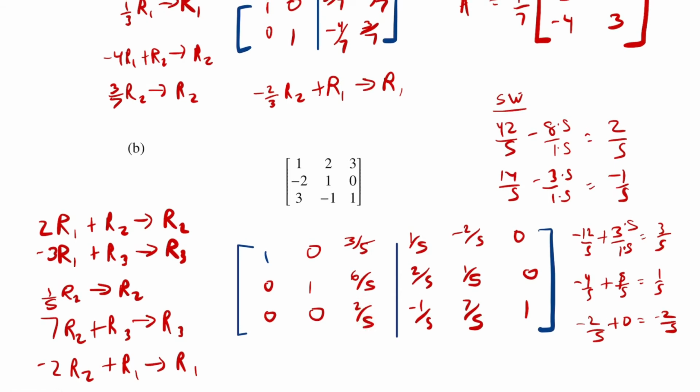We have to multiply by the reciprocal, so it's going to be 5 over 2 times row 3 equals row 3. So that would become 1, 1. This one would become negative 1/2. This one would become 7 over 2. And the last one is going to be 5 over 2.